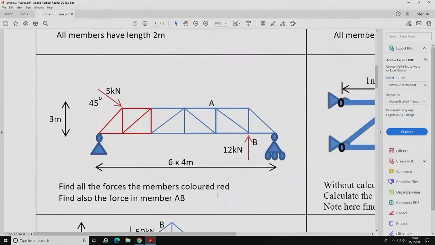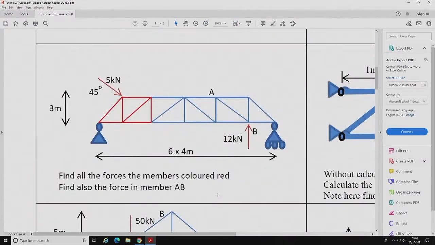Problem number 3 is to find all the forces in the members colored red, and also find the force in member AB.